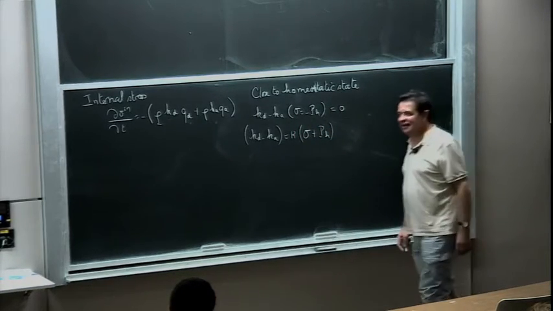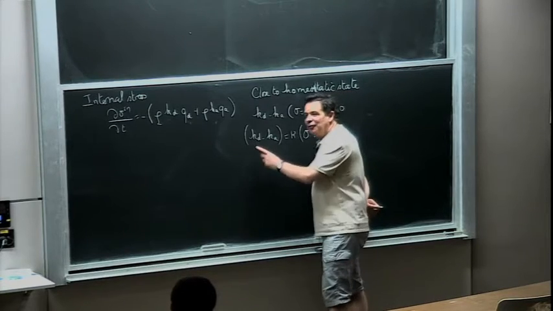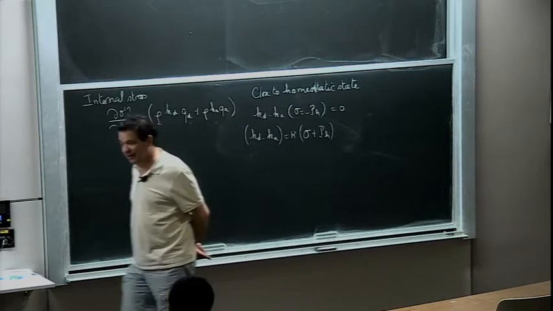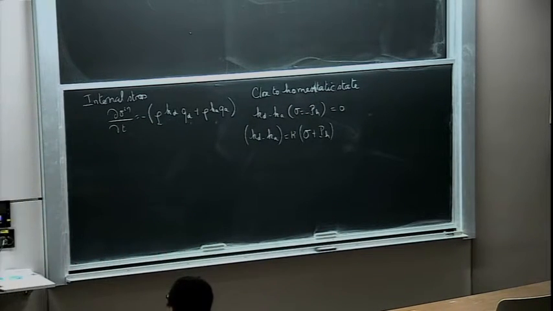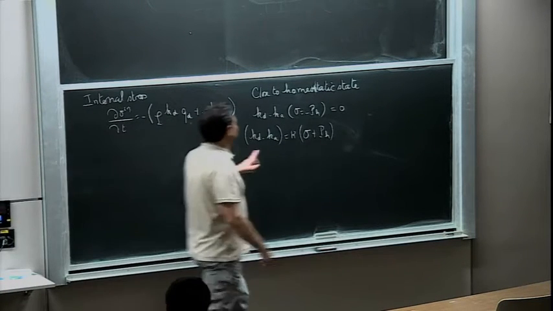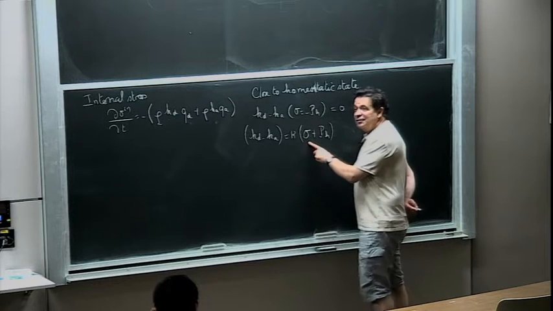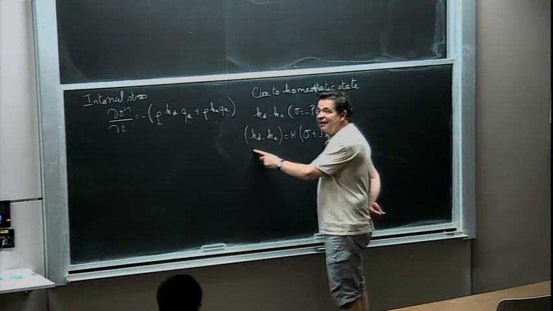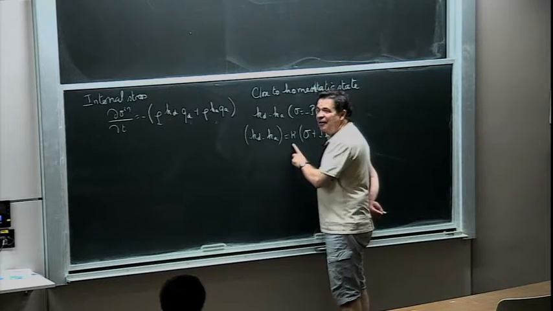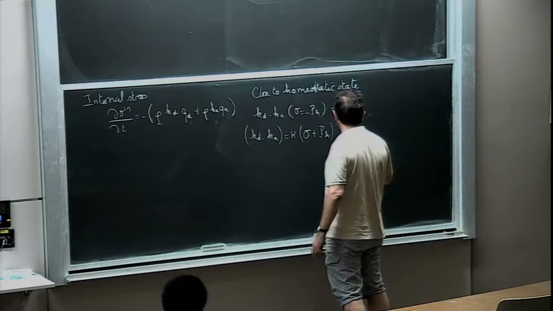Now I have to check that the sign is right. What I told you this morning is that if I increase the pressure, KD decreases. But if I increase the pressure, sigma is minus the pressure, so this becomes more negative, and KD decreases. So this kappa here has to be positive.